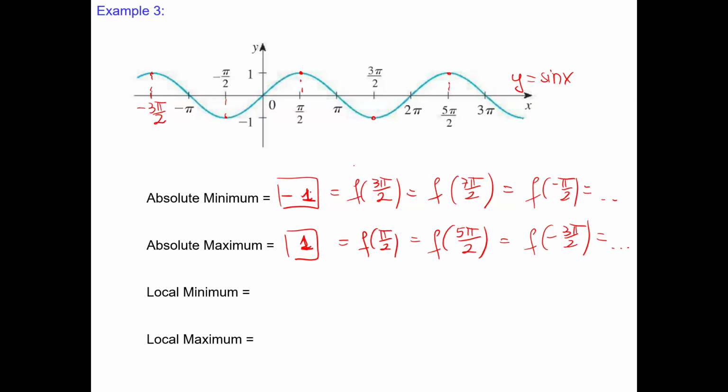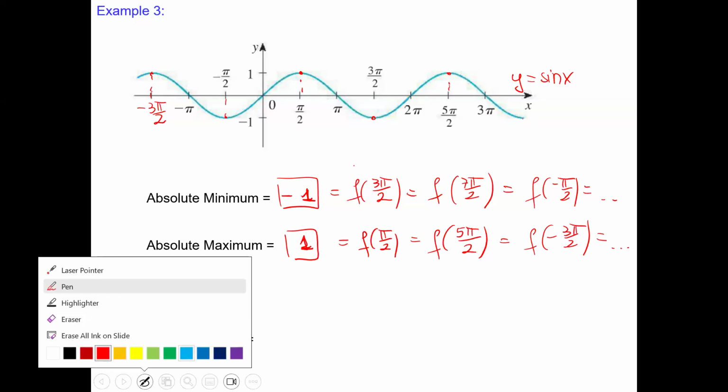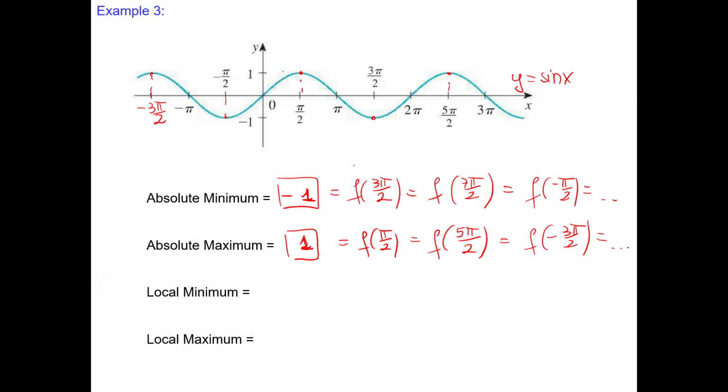Okay, and now I believe these values also satisfy the local extreme value definition, because we can see this is locally highest. Pi over 2 can definitely be placed in an open interval, and we can check that all of the other values on the right and left-hand side are lower.